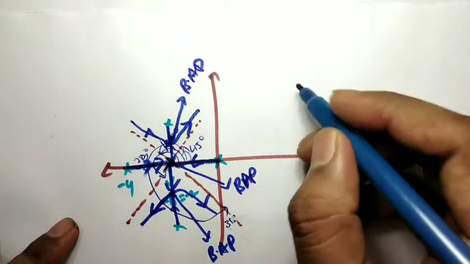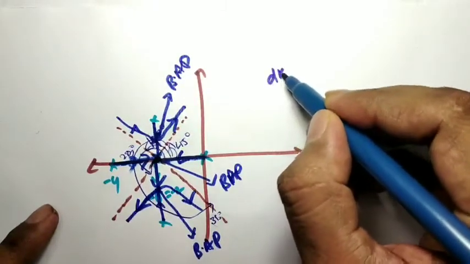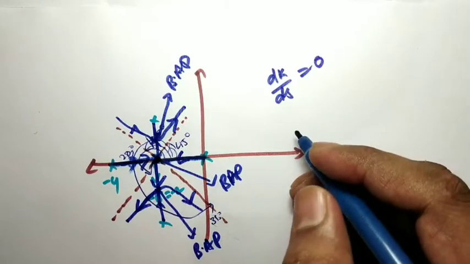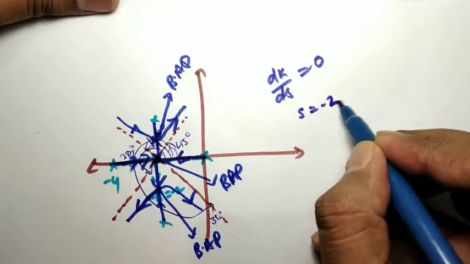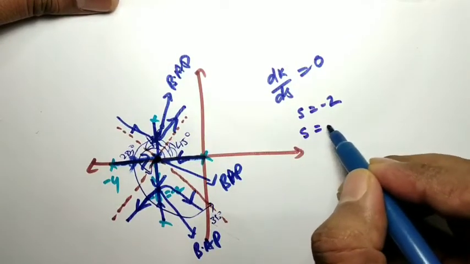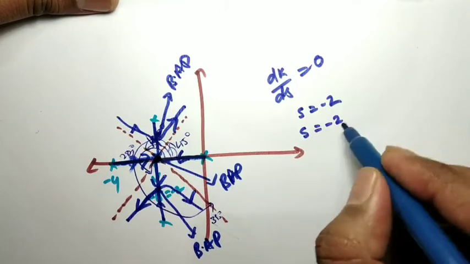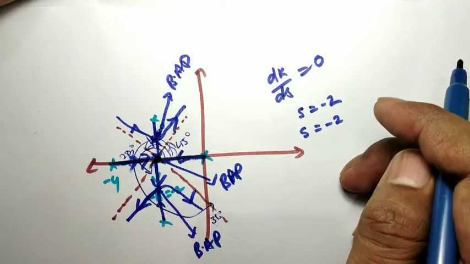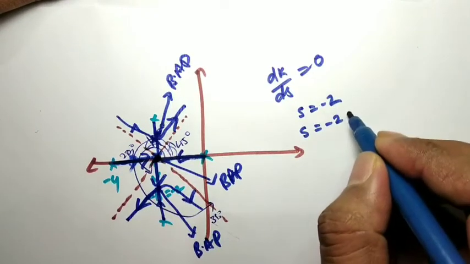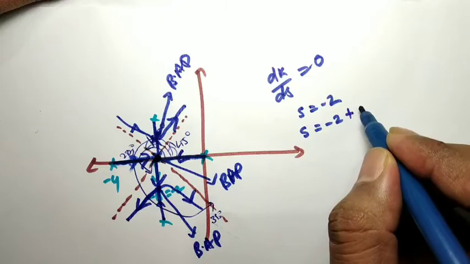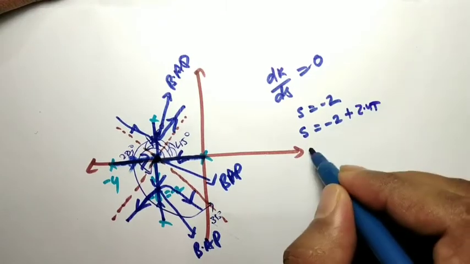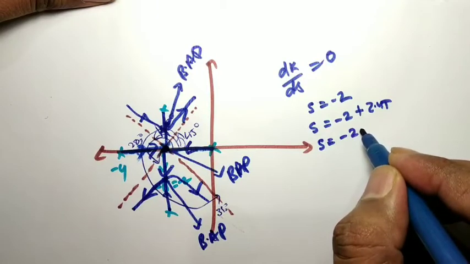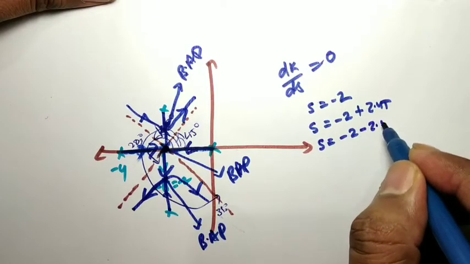How are we going to find them? The same procedure: you take dk by ds equal to 0. So what are the breakaway points here? s is equal to -2, and s is equal to -2 plus 2.45, and another breakaway at -2 minus 2.45.